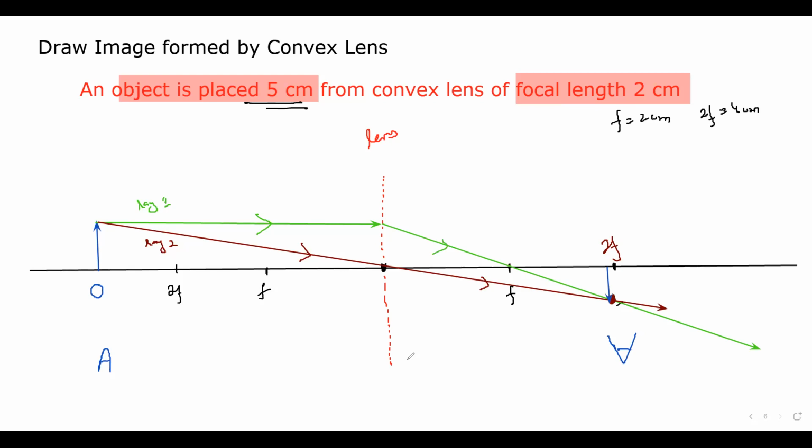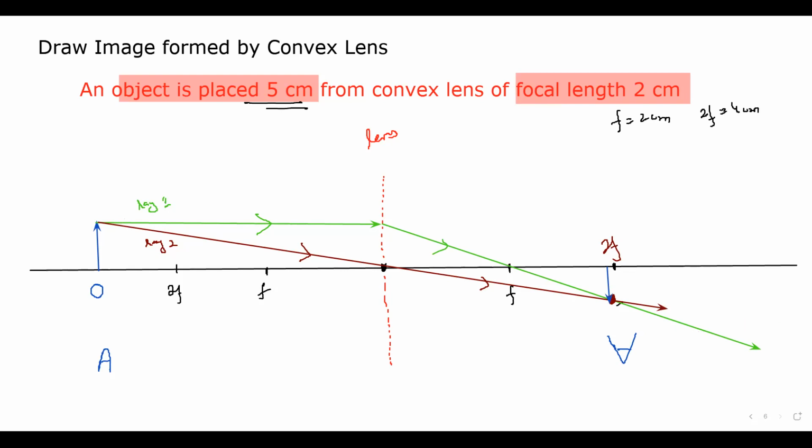The length should not necessarily be 2f. You will find a point where they will intersect. Like for example, first a parallel light ray passes through the focus. Then for the second ray, the length does not have to be 2f, you can continue this, I can extend this line. That does not make a difference.